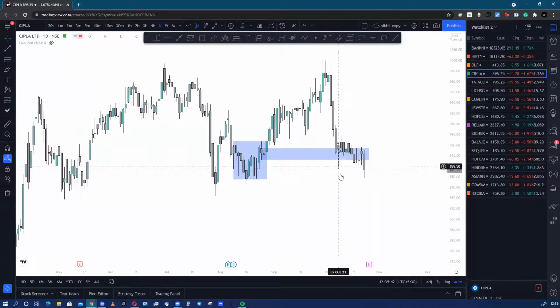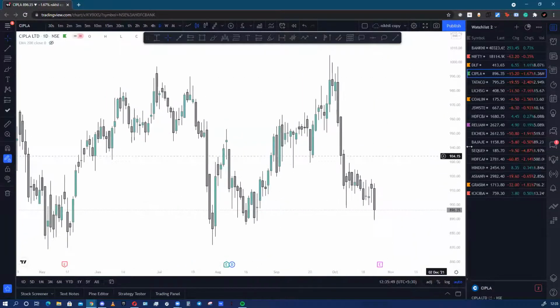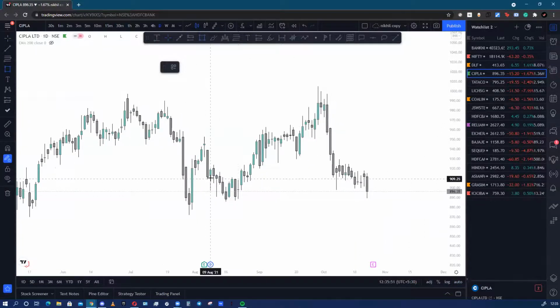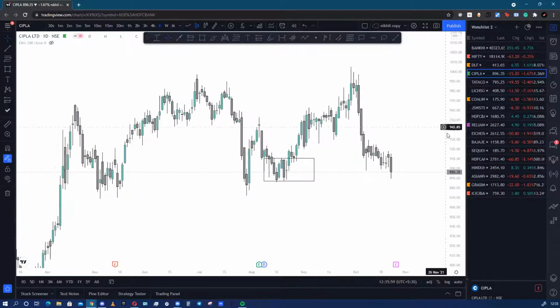Okay, so any sort of consolidation can lead to a huge up move. As you can see here, we have this accumulation phase on Cipla, and then we have a tap to that accumulation phase.